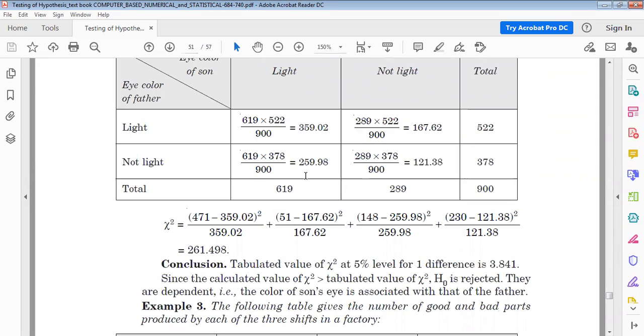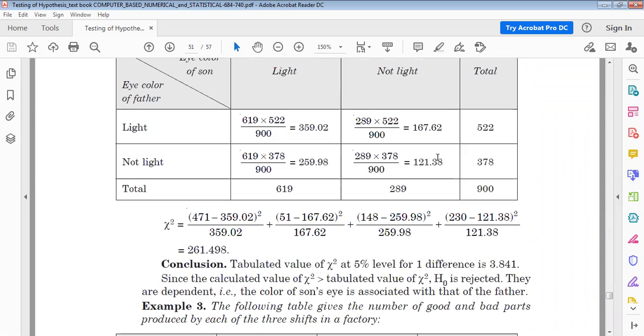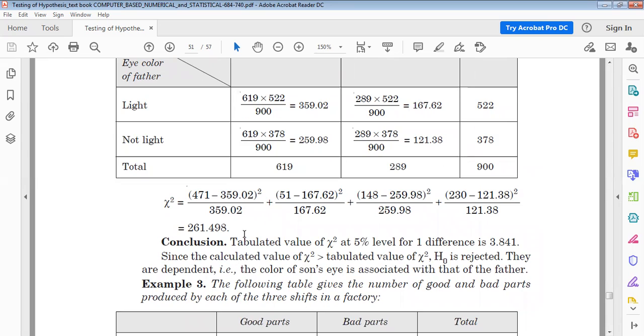Taking the sum of 4 terms, okay, and observed value minus expected value divided by expected value. The last observed value, what? 230. 230 minus this expected value, divided by expected value. Okay, taking the sum of these using a calculator we get 261.498.